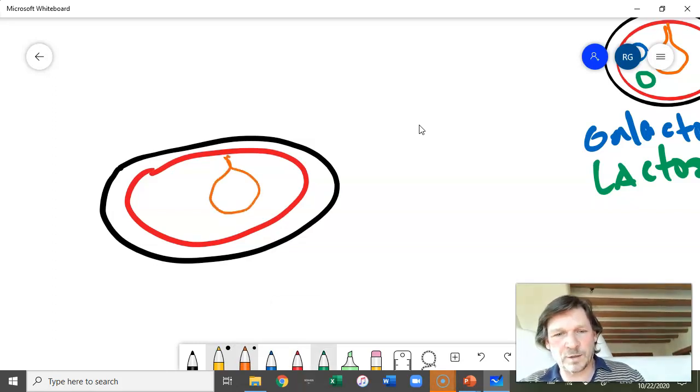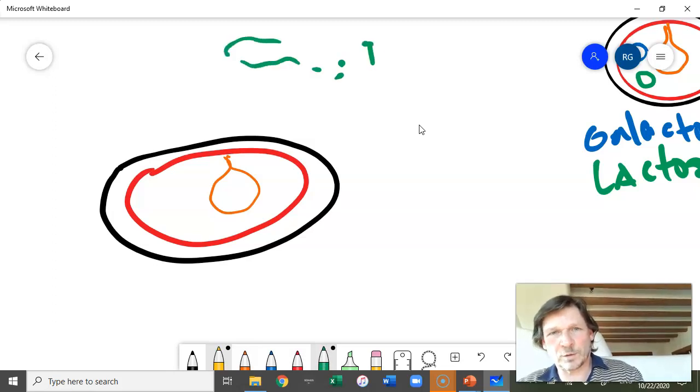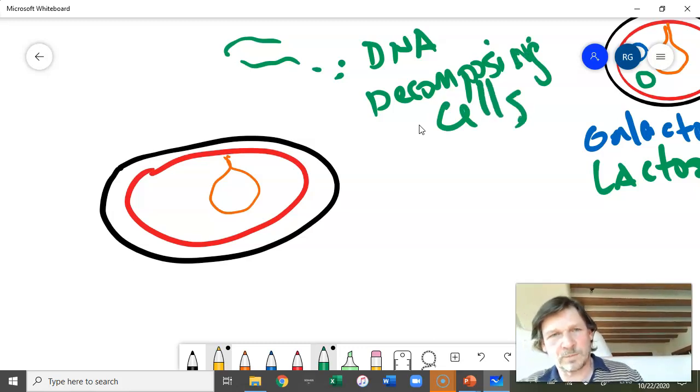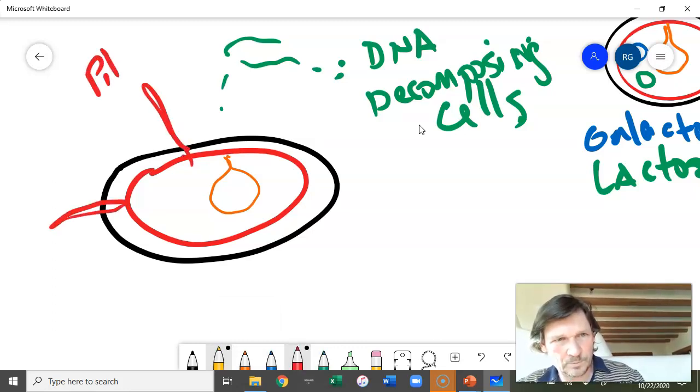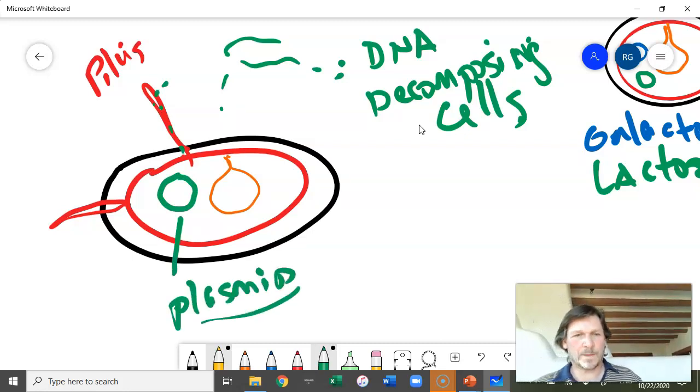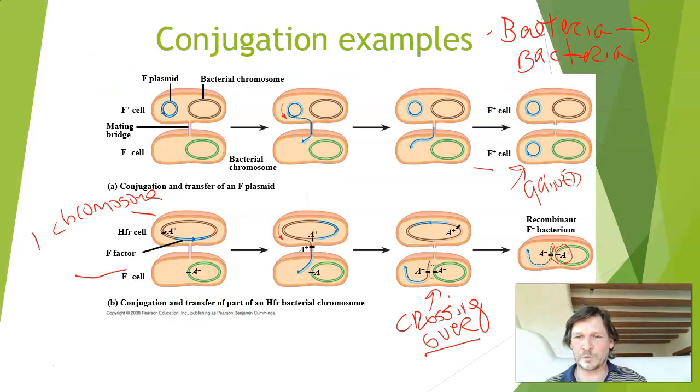But outside here, right, is little loops of DNA from decomposing cells. And the DNA moves in, so you have a pilus coming out. Right? It gets in contact with the DNA, it moves in, and it's turned into a plasmid. And if it's selected for in evolution, it'll be replicated and passed on into daughter generations of cells.